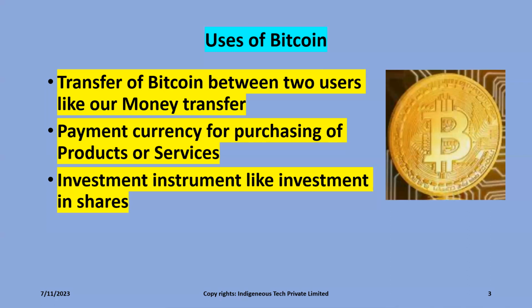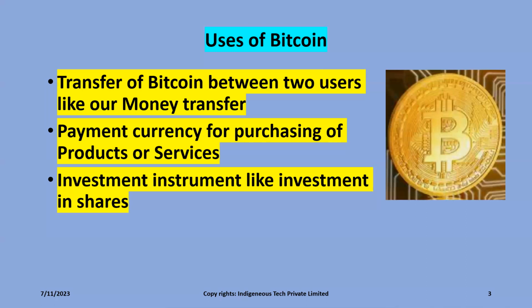Also, Bitcoins can be used for purchasing products or services. For example, you can purchase a TV or a Tesla car by using Bitcoins. However, some countries, including India, right now are not allowing this type of usage.